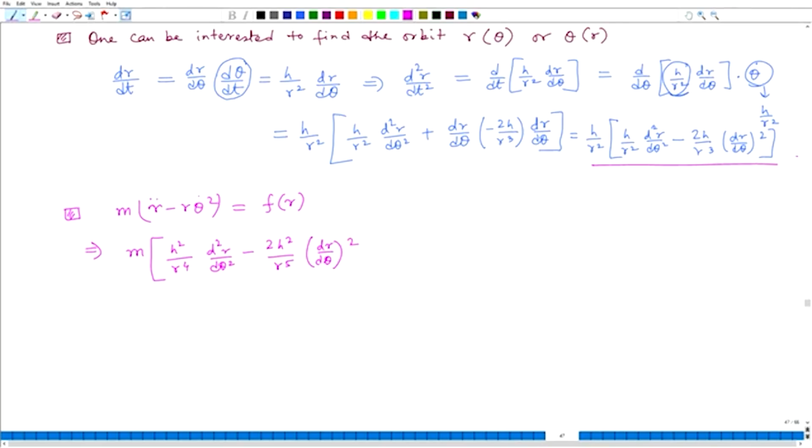Then minus r theta dot square, which is nothing but h square by r to the 4. So I have this equal to f of r.